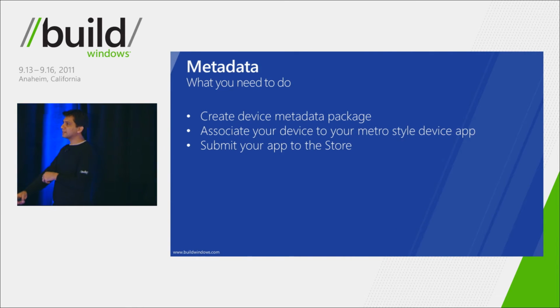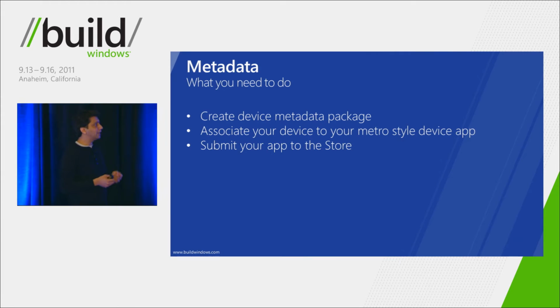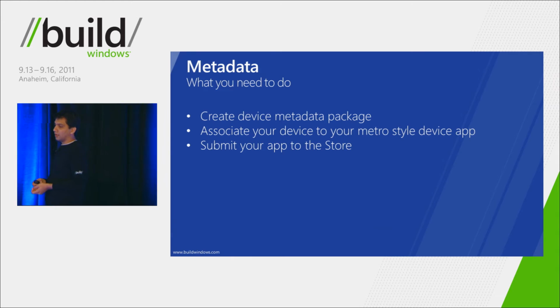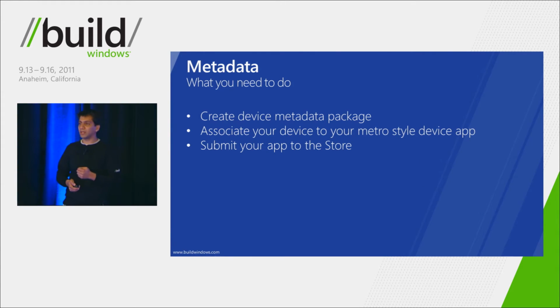This is similar to what you have done in the past if you have worked with device metadata: you create a device metadata package. The new thing is that you make an association in your metadata package saying that the device this package is for goes with this particular app. And then you submit your app to the App Store, and Windows takes care of downloading it and finding it and all of those things.